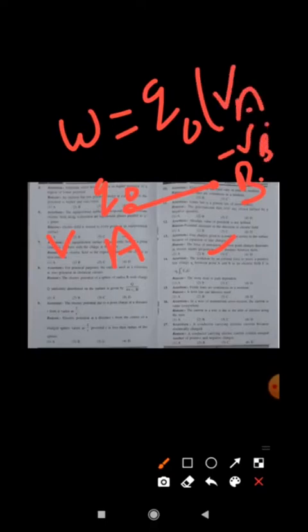So the potential at A will be different from the potential at B, because you know that potential varies with distance here. While moving from A to B, the charge will feel some variation in potential, given by the difference. Using this formula, W is finally q0 dV.